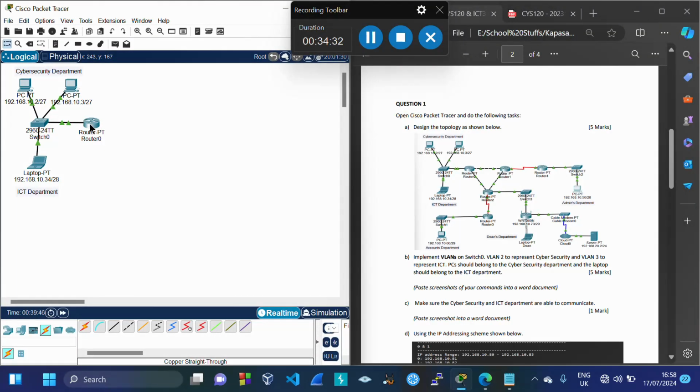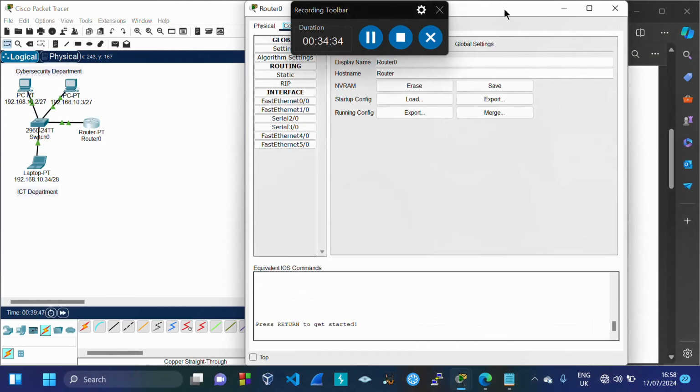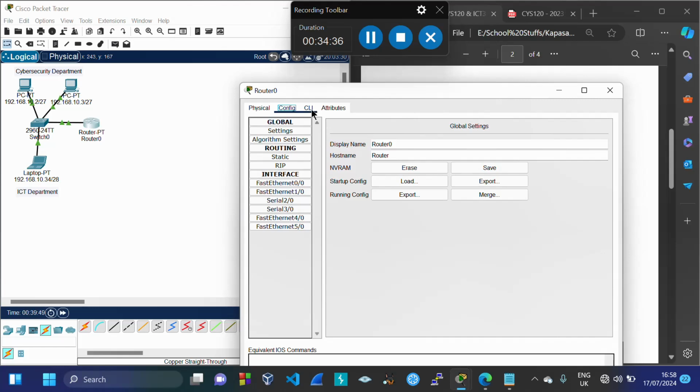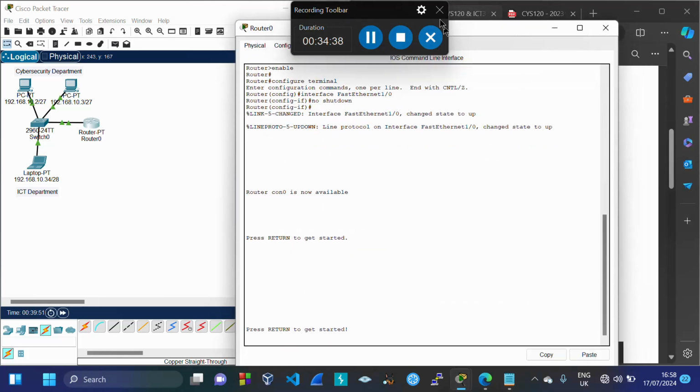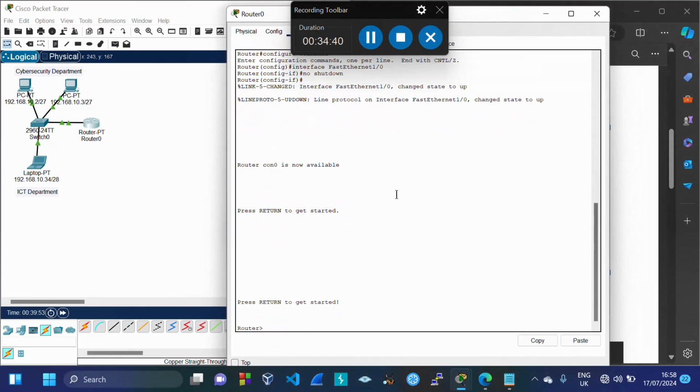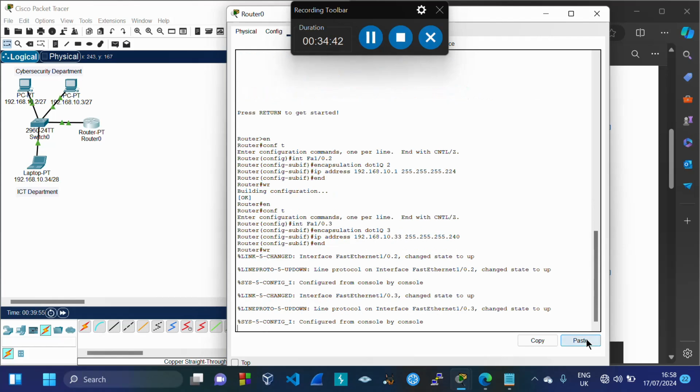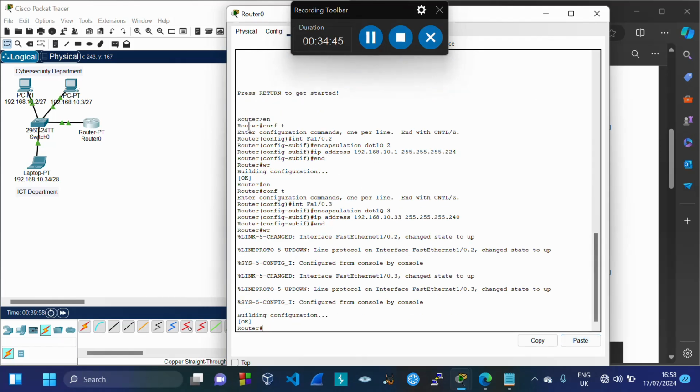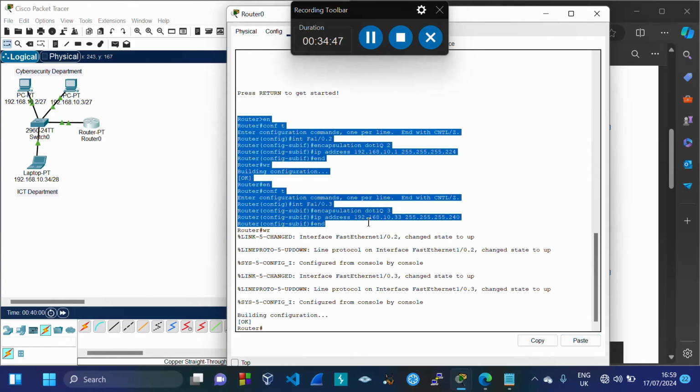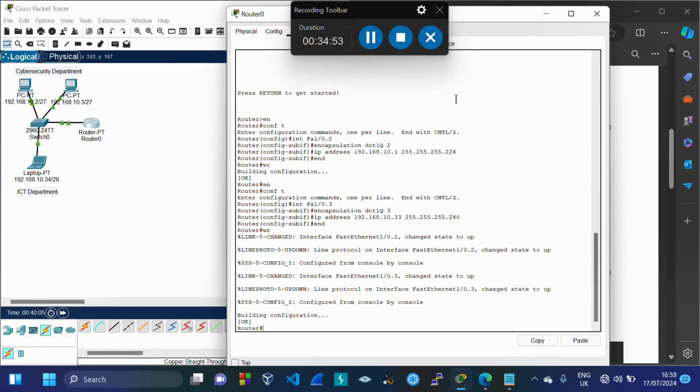Now I'll go in the router, then under the command line interface, I'm going to paste those commands which were written. Once we paste, we can see these commands have been inserted.